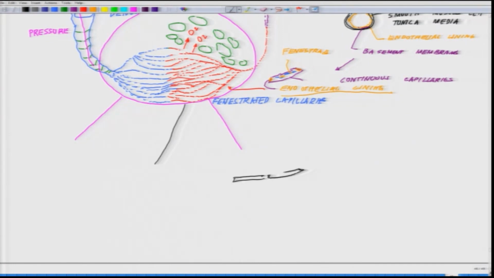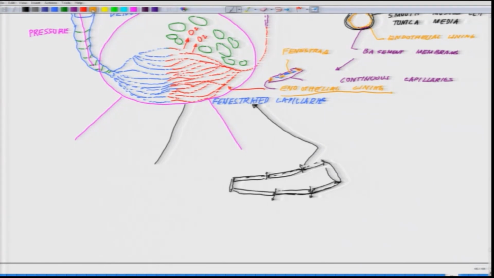Imagine this is the endothelial lining, this is the whole vessel. If this is how the vessel looks, you will see the gaps between the endothelial lining, and this is what I was telling you about fenestrated capillaries.